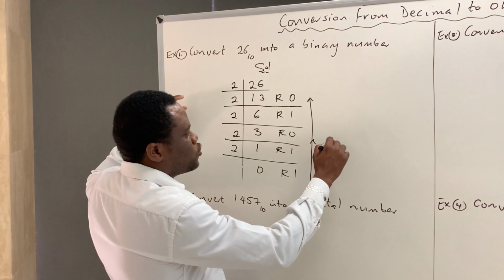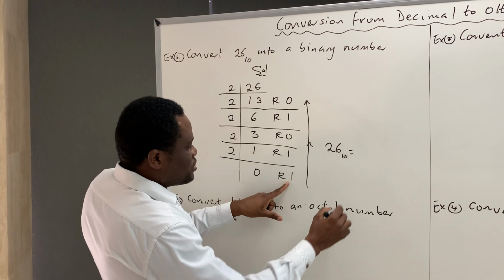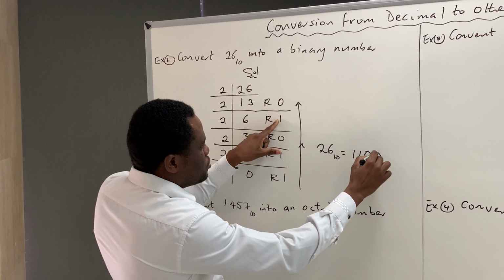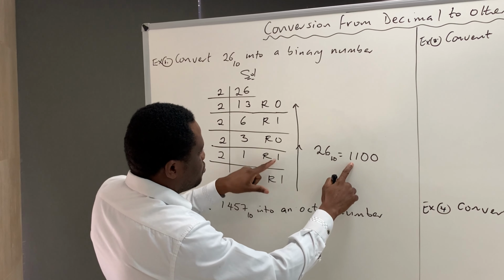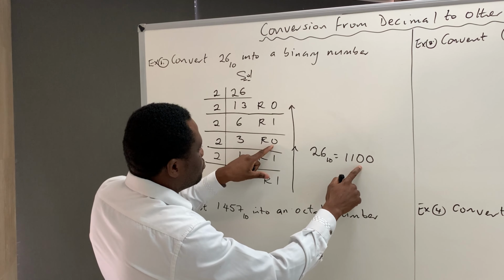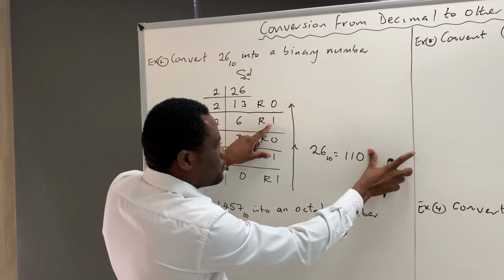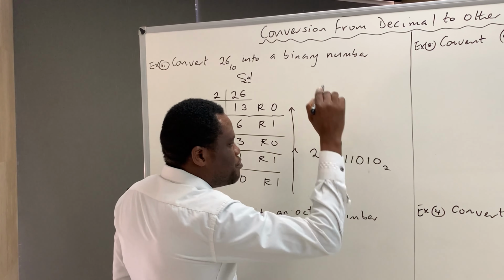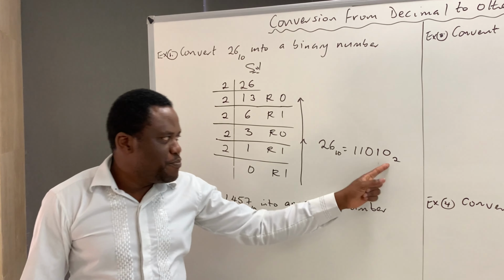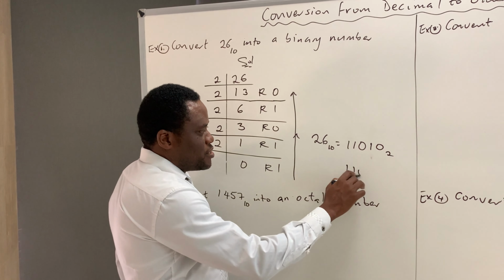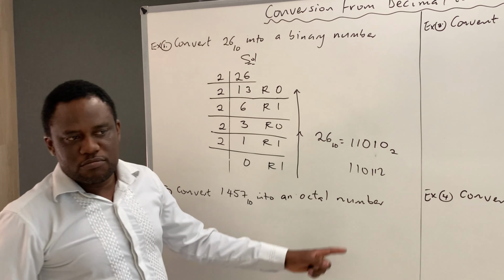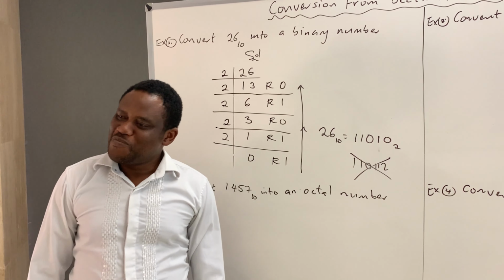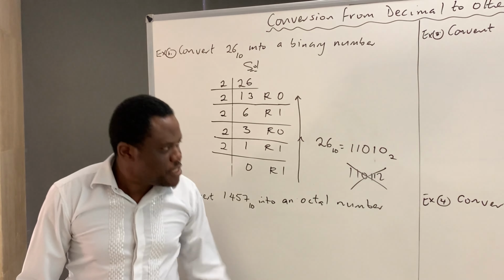So which means 26 in base 10 is the same as 11010 in base 2. Be careful, the base must be a subscript. Don't go and write something like 11010 2 on the same line. It's wrong. Don't write this. But you write this. Very easy, right? The same method, the same procedure for others.